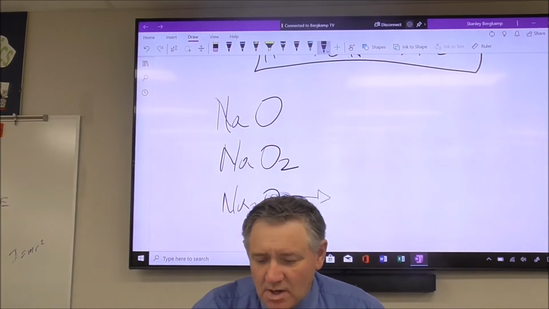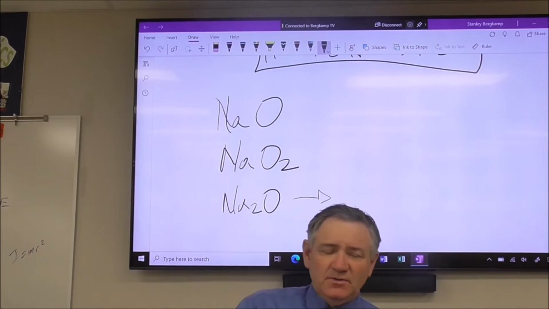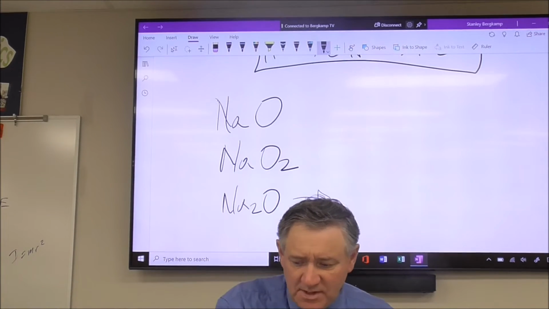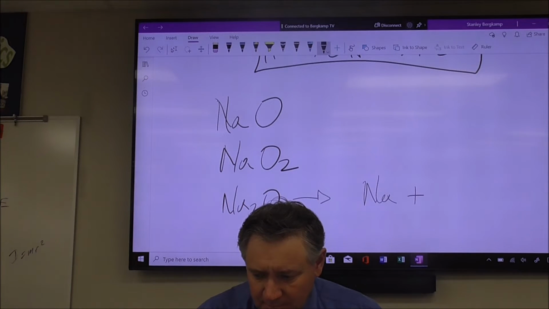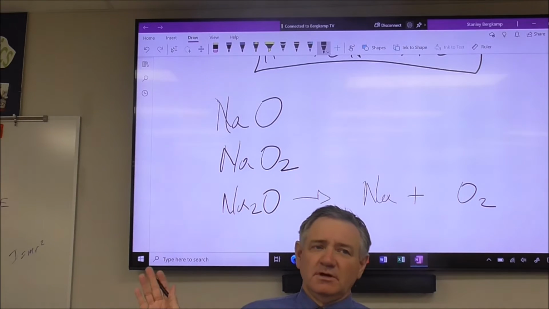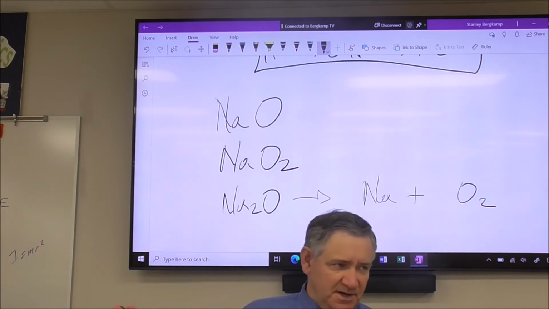Now, if all you have is a binary compound like this, the only thing you can do is split it up. The only thing you can get out of this is elemental sodium and oxygen gas. So if it's just a binary compound, you just split it up.